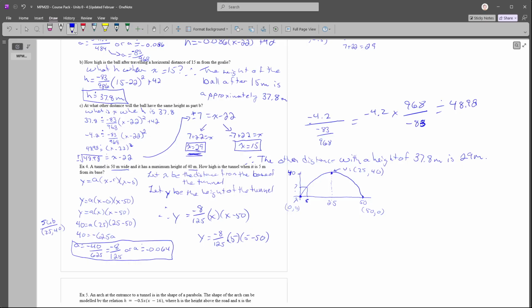So this 5 can cancel out with this. Actually, we'll just put it right there. So y is equal to 5 times negative 8, it's negative 40 over 125 times negative 45. And we end up with y is equal to about 14.4 meters. So therefore, the height of the tunnel at 5 meters from its base is 14.4 meters.